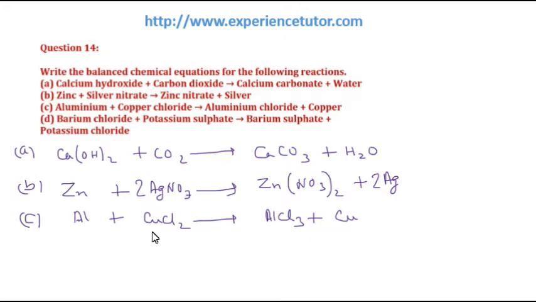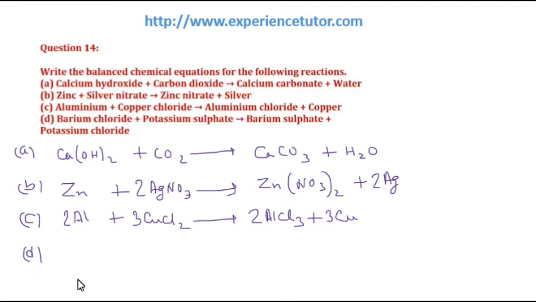So first we'll balance the chlorine, so we'll put 3 here, then we'll balance the copper, we'll put 3 here, then we'll balance the aluminum. That is 2.